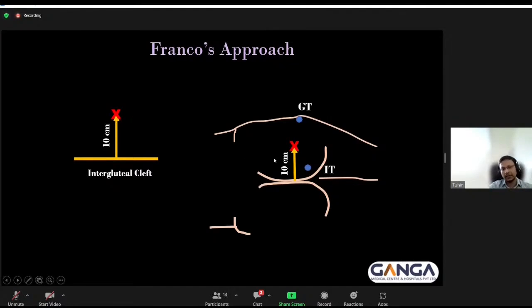At this level, that is the mid-gluteal level, the sciatic nerve runs 10 centimeter lateral to the midline. The position of the sciatic nerve is almost constant at this level as well as at the subgluteal level. So anywhere between the mid-gluteal and the subgluteal level it can be blocked. Just 10 centimeter lateral to it, the needle entry will be perpendicular to the skin.